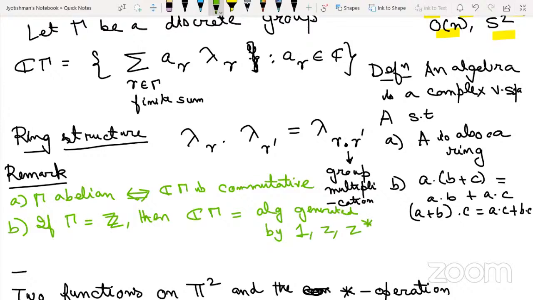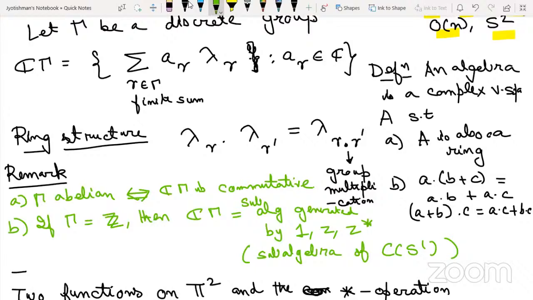I mean, a subalgebra of C(S^1). It's easy to see this, in case you were wondering.